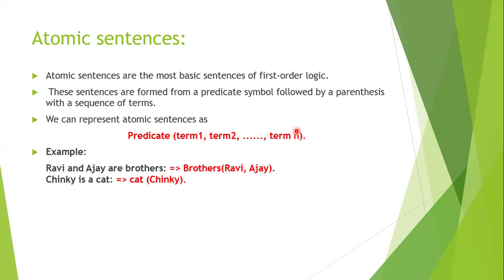So "Ravi and Ajay are brothers" is converted with brother as a relation, you can say a predicate, and Ravi and Ajay as the objects. "Chinky is a cat." Cat will be considered as a relation and Chinky will be the name.